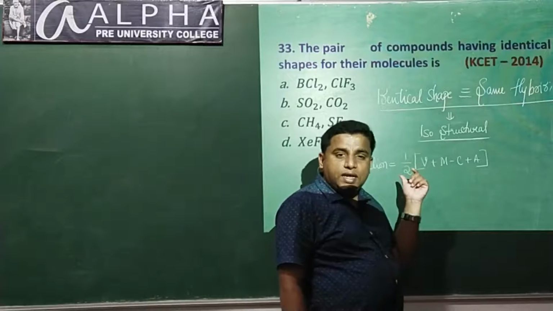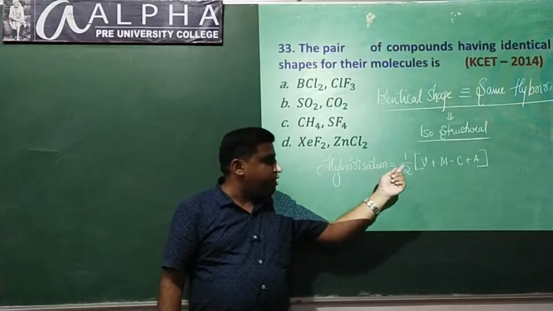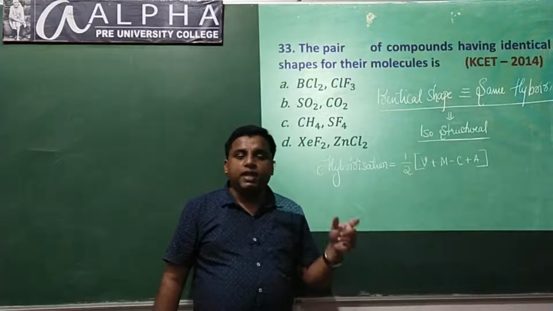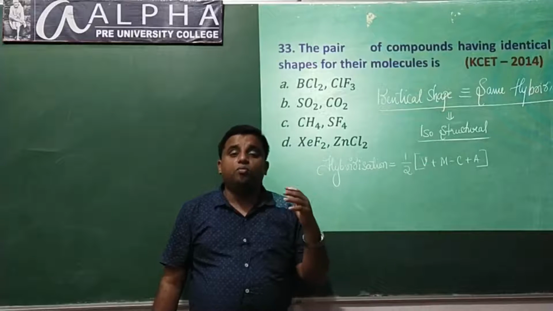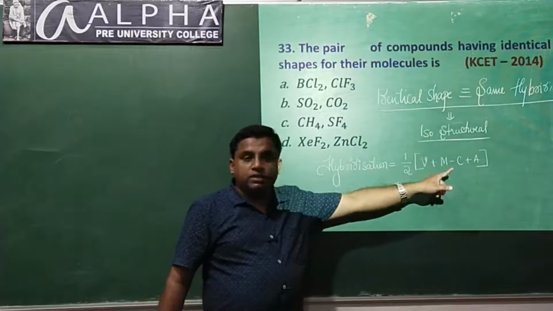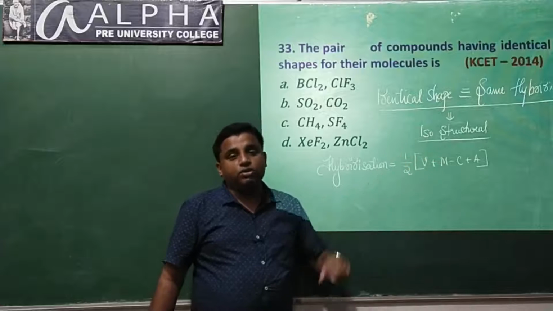V is the number of valence electrons around the central atom. M means the number of monovalent atoms around the central atom. C is the total positive charge, A is the total negative charge.